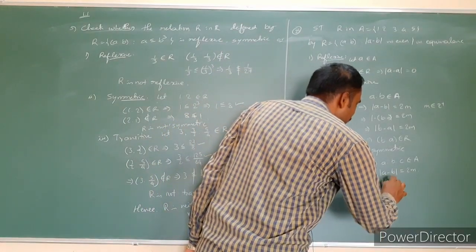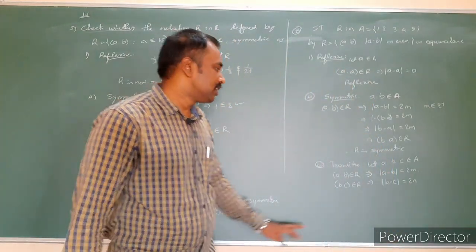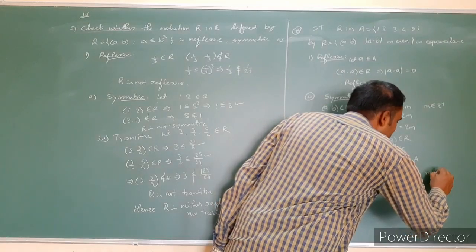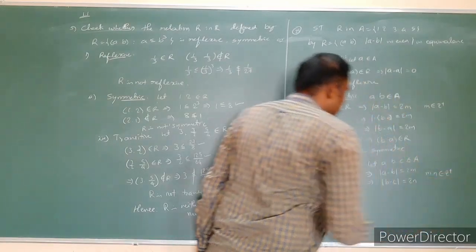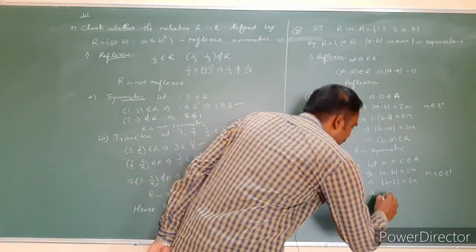Similarly, |b - c| is also an even number, which I write as 2n, where n is any positive integer. So m and n are any positive integers. Now I need to add these two numbers. What will we get?